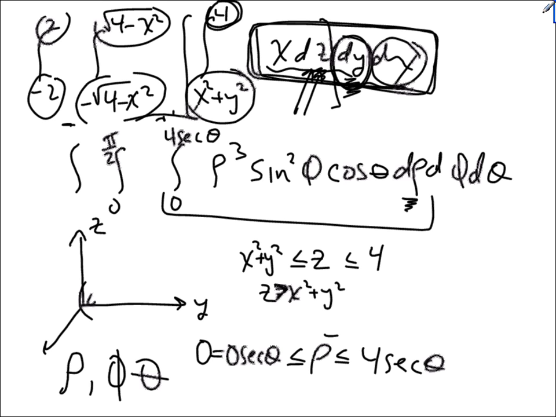Consider z equal x squared plus y squared. If z is 0, then x squared plus y squared is 0, and you have a radius of 0. If z is 1, then at a height of 1, you have a circle of radius 1. When z is 4, x squared plus y squared equals 4, you have a circle of radius 2.